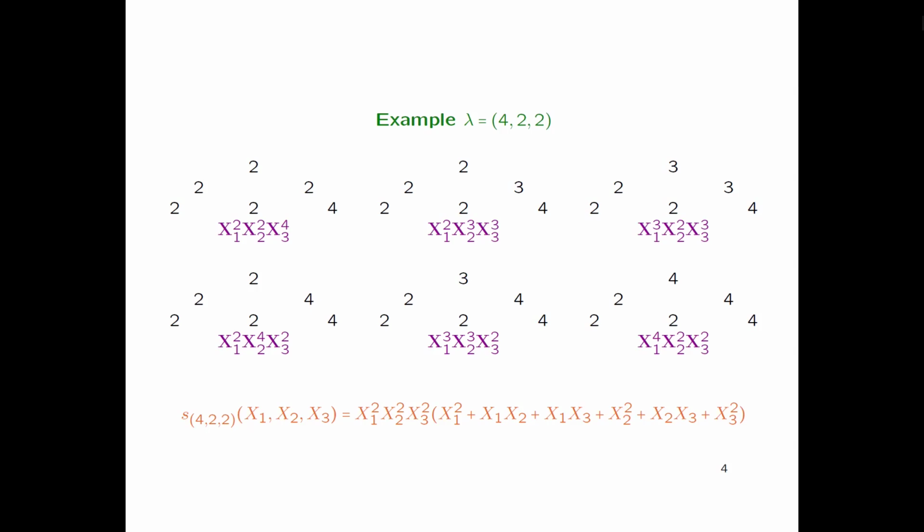The exponent of x2 is 3 because I take the row sum of the second row and subtract the row sum of the first row, which is 2, and that's why I get the 3. And for the x3, I sum up the elements in the bottom row and subtract the sum of the elements in the second row. And if you do that, you get the Schur polynomial of the partition 4, 2, 2.